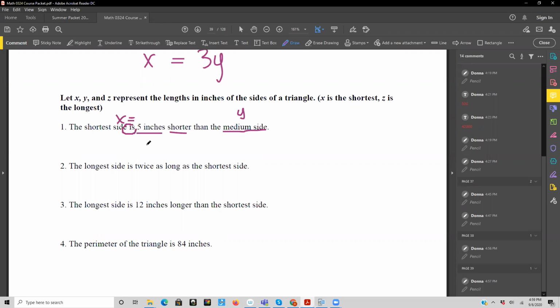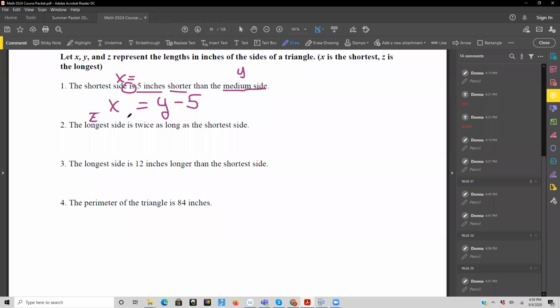X is 5 inches shorter than Y. So Y, if I want to take 5 inches off of it, we're going to subtract 5. The longest side, that's Z, is twice as long. Be careful with that one. There's the shortest side, which is X. Okay. So Z, well, it's not too bad because twice as long as X would be 2X, right? Okay.